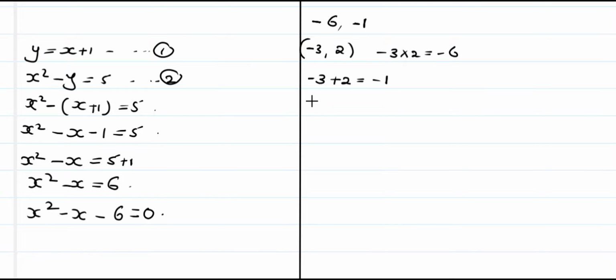So I'll put x squared like this, then minus this 3x, then plus 2x, minus 6, equals 0.